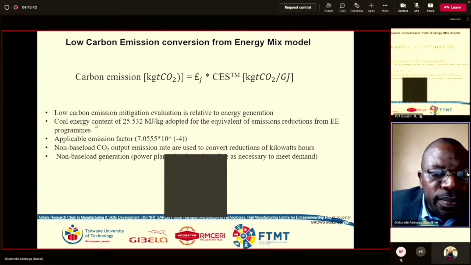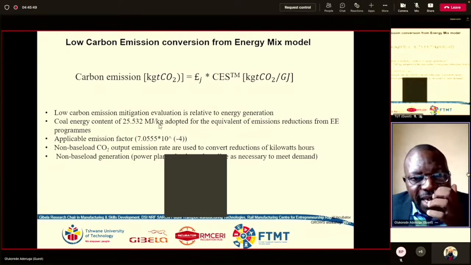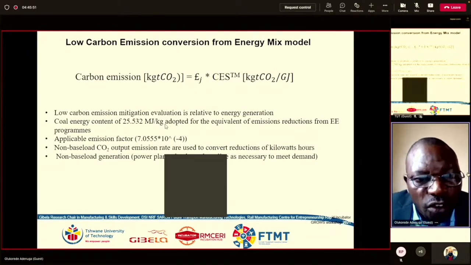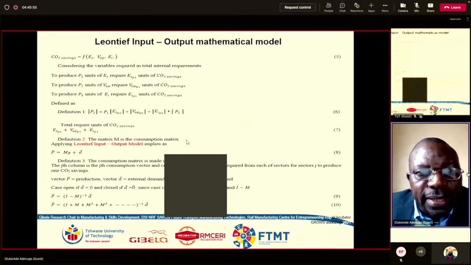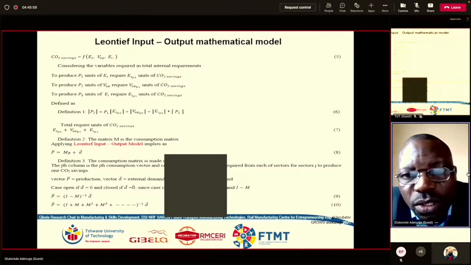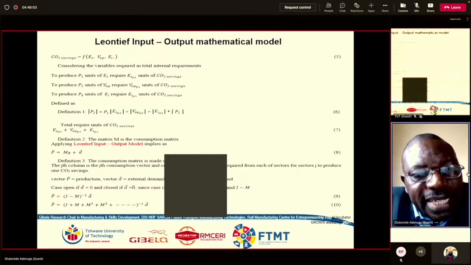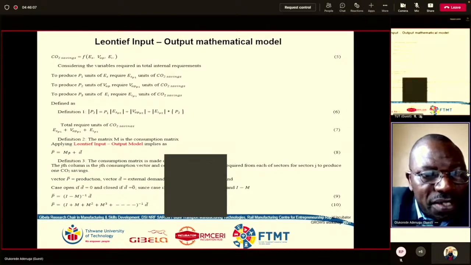And for coal energy content, we use a baseline of 25.52 megajoules per kilogram of coal used. And putting this into our Leontief output mathematical model, we determine the CO2 savings that we can envisage.